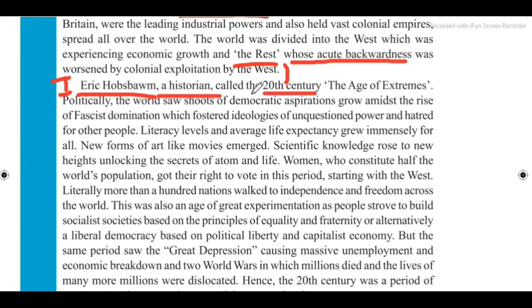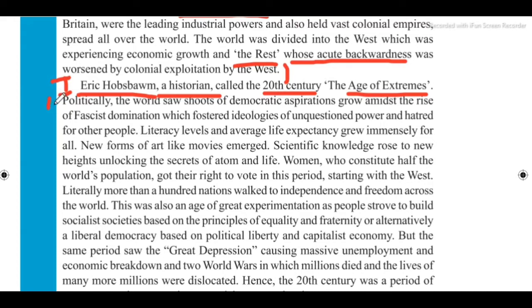He has clearly mentioned this early 20th century as the age of extremes. Extremes means reaching a greater height, means which is beyond the expectation. So what are the incidents that were beyond the expectations in the earlier 20th century?